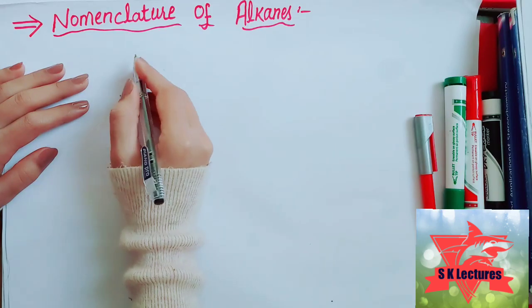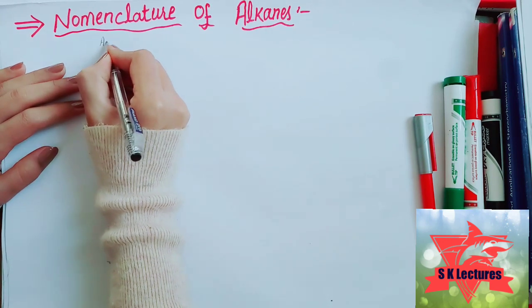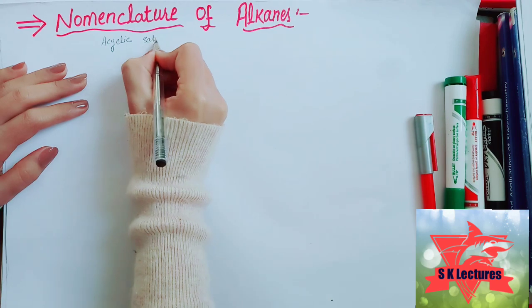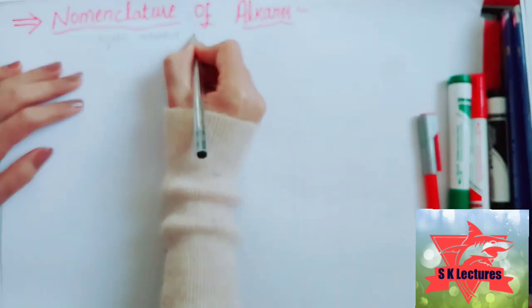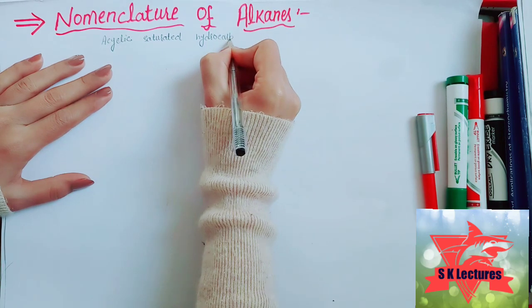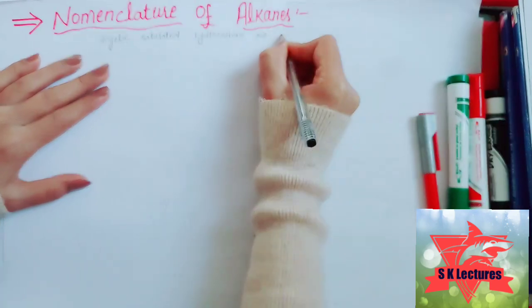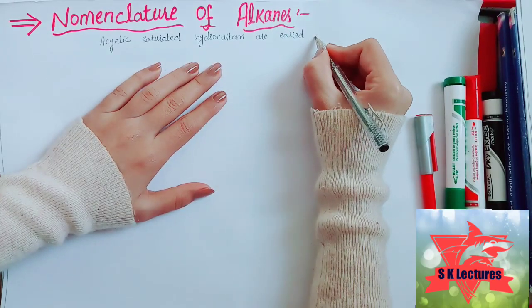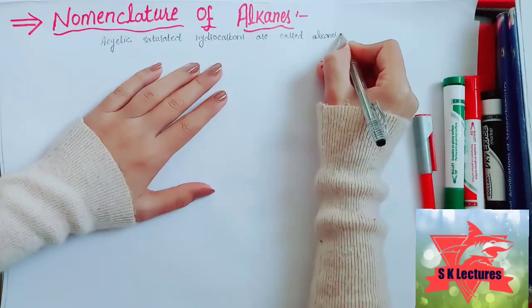So first of all, I will tell you about the alkanes. What are alkanes? And then we will start its nomenclature. The general definition of alkane is that acyclic saturated hydrocarbons are called alkanes. Acyclic means straight chain alkanes, not cyclic ones.